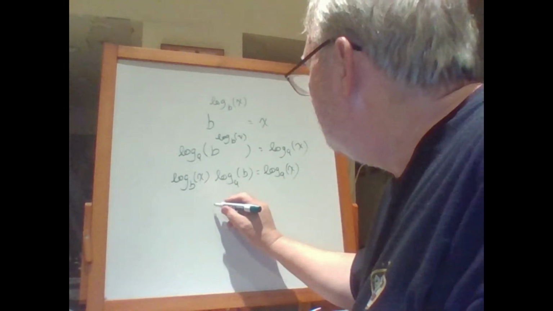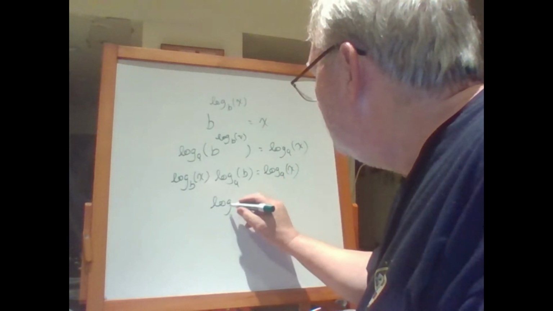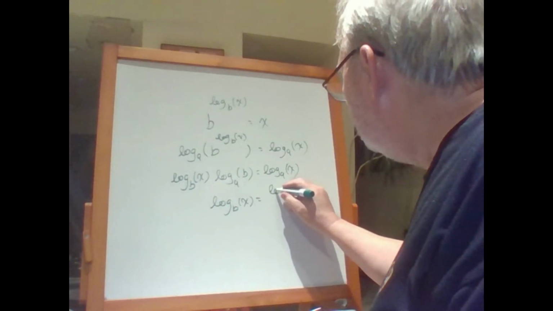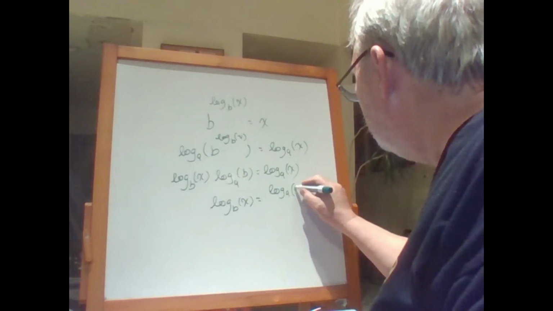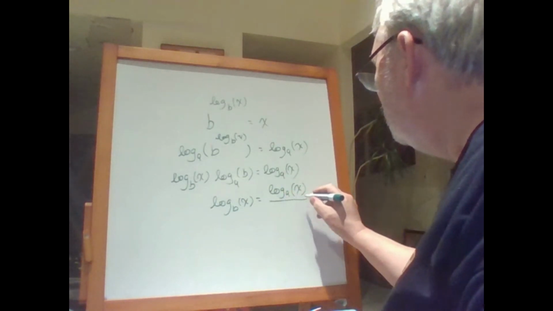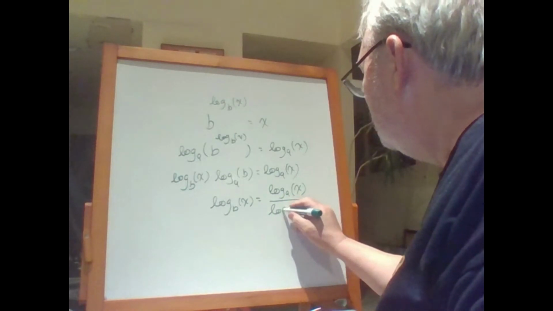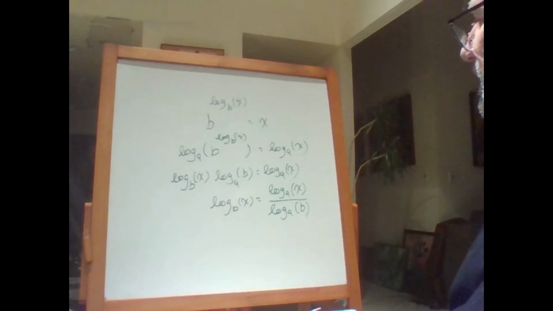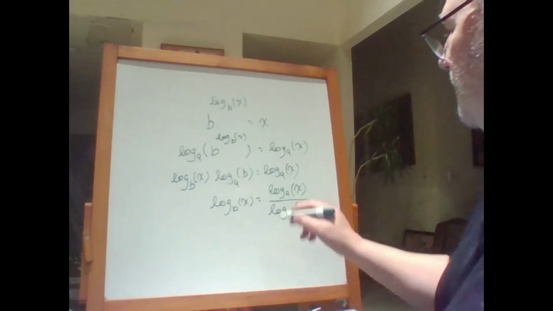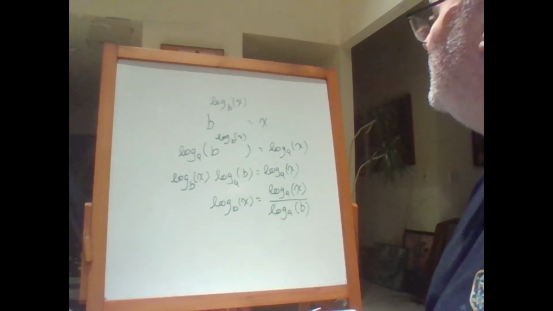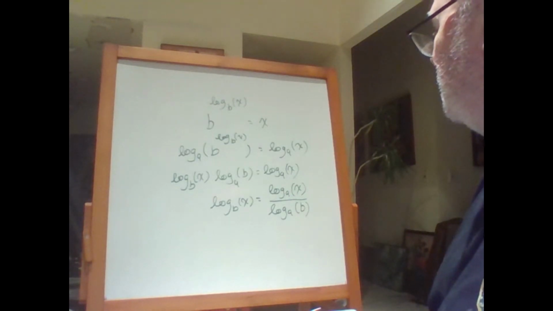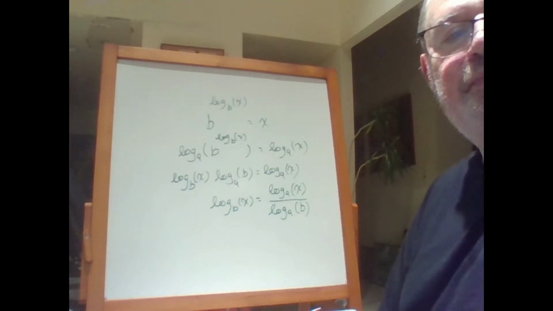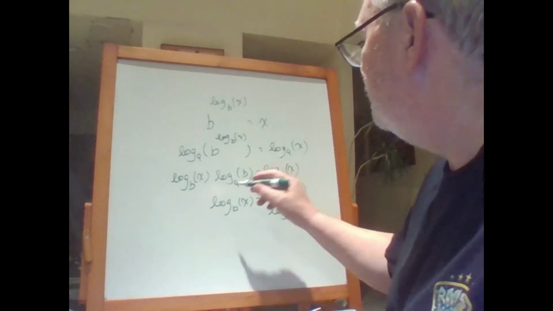So therefore, log b of x equals log base a of x over log base a of b. And that's how we are able to change bases using logarithms.